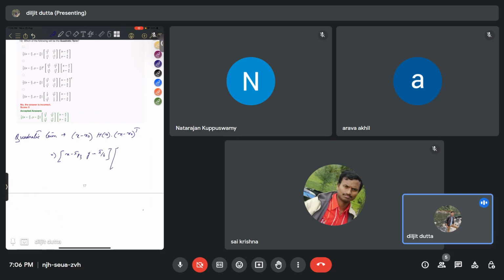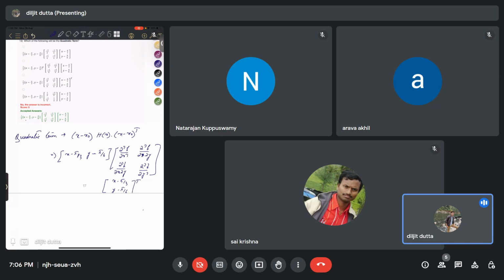Now H of x is del square f by del x square, del square f by del x del y, del square f by del x del y, del square f by del y square, and the last term is x minus pi by 3, y minus pi by 6.